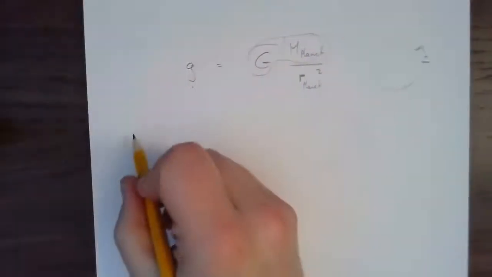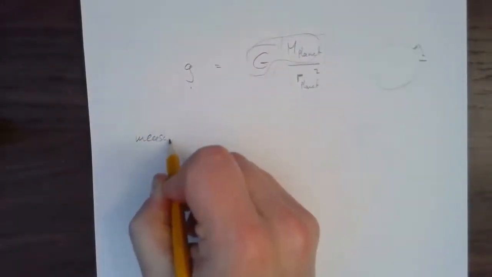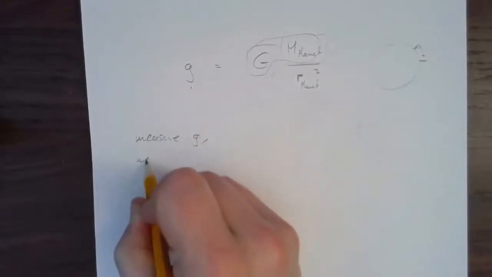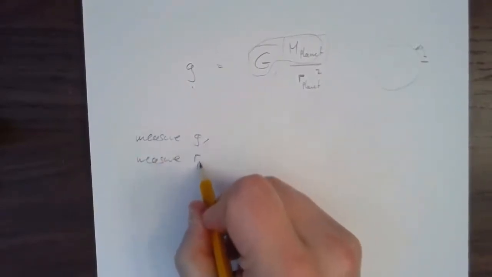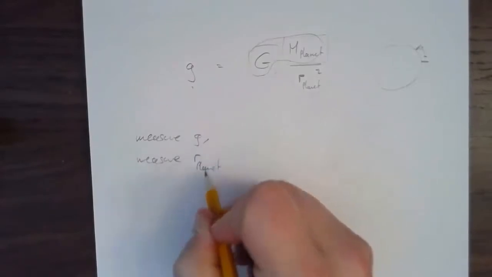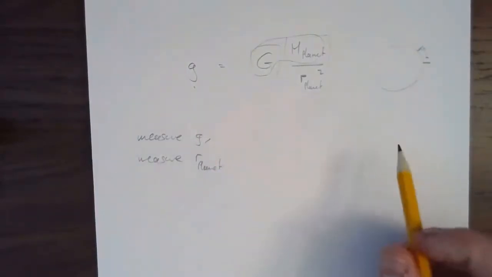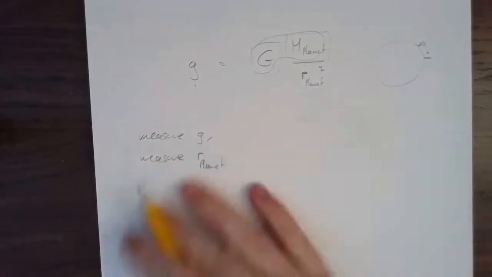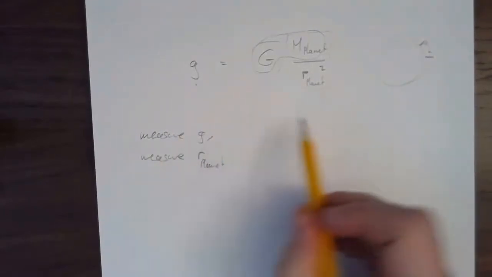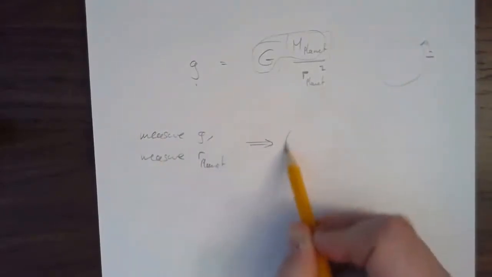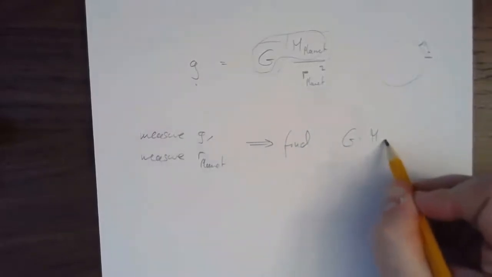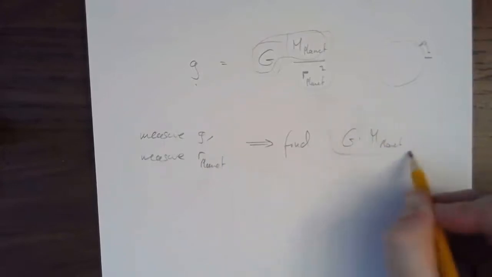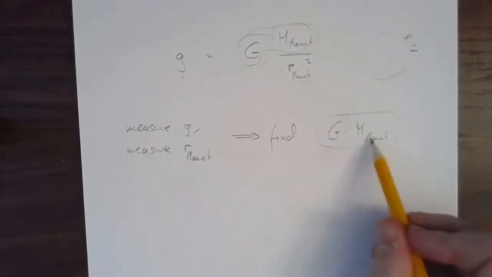So measure the radius of the planet, which is fairly straightforward, just geometry, a little bit of ingenuity. We can find G times the mass of the planet, right? We can solve for this combination, but we can't solve for them individually.